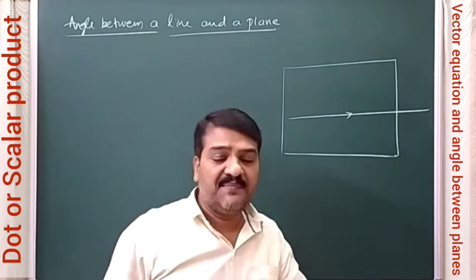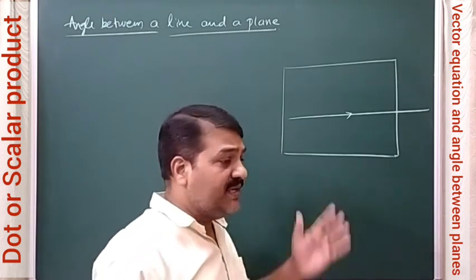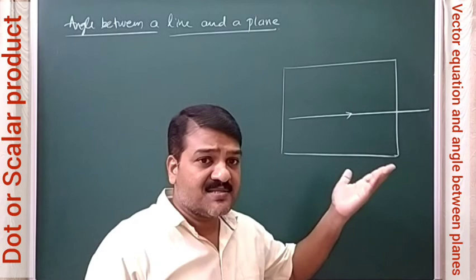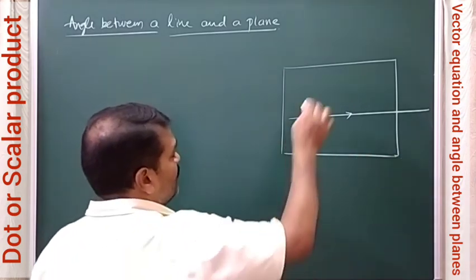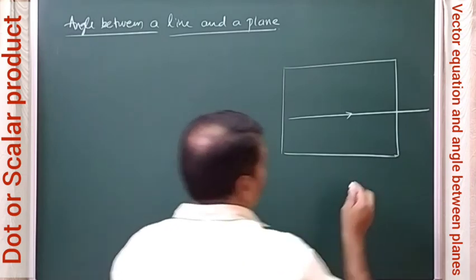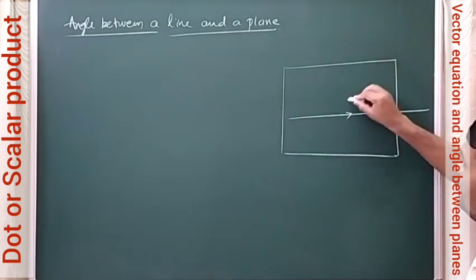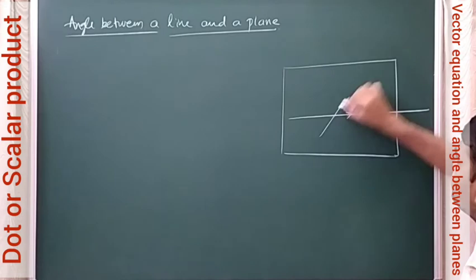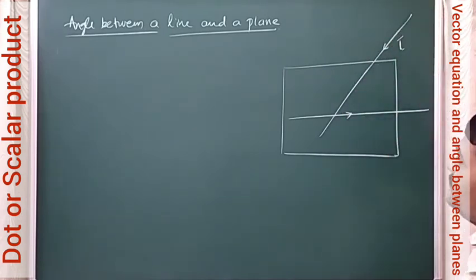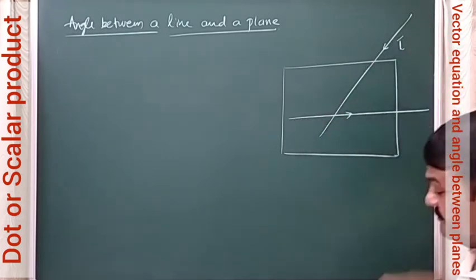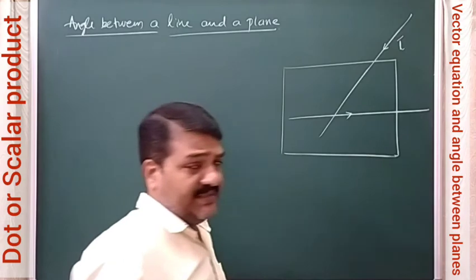That means I am taking a line on the plane which is referred as a vector parallel to the plane. Now I will consider, for example, a line L bar. This is parallel to the plane. This is L bar. Means some line.